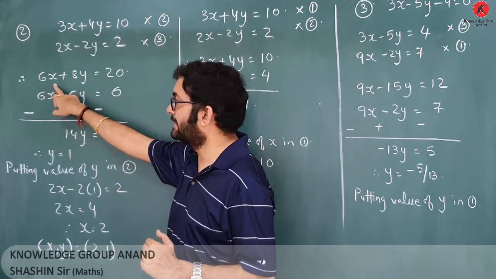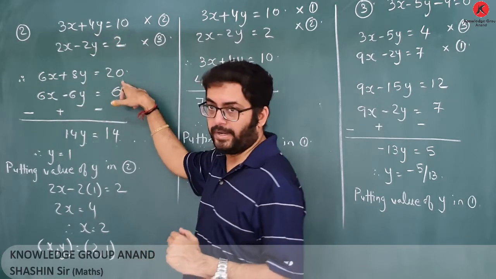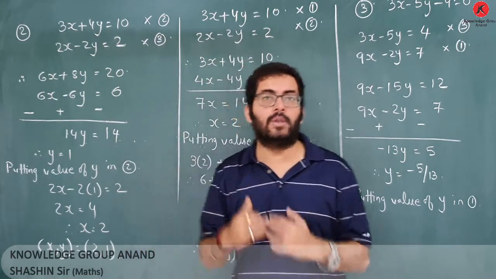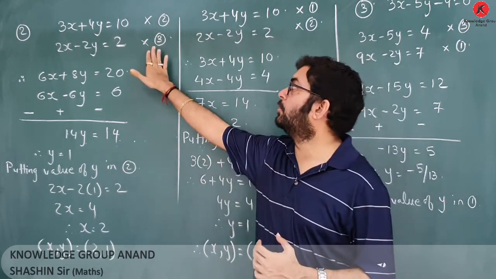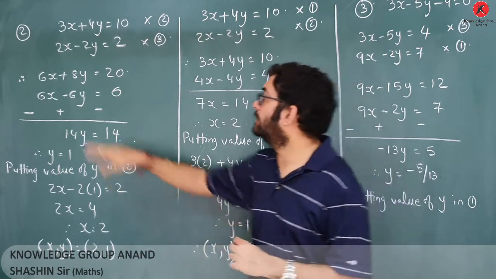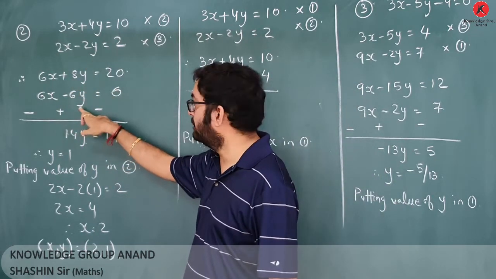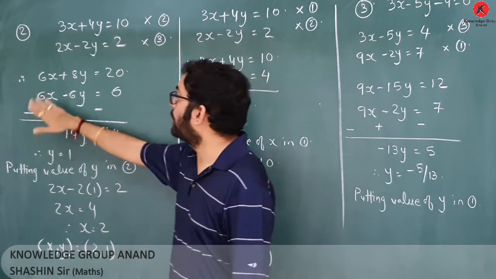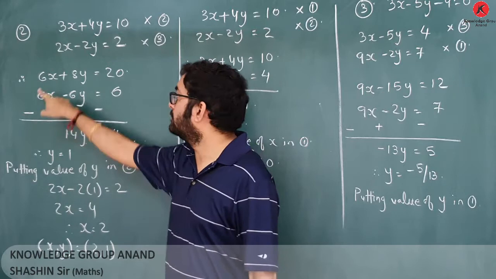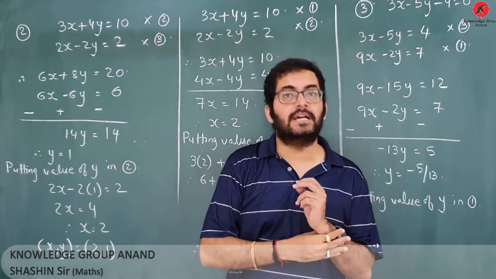So now our equations become like this. 3x became 6x, 4y became 8y, and 10 became 20 because I multiplied whole equation 1 with 2. Similarly, I multiplied the whole equation 2 with 3. So now 2x became 6x, minus 2y became minus 6y, and 2 became 6. Now I want to eliminate the value of x, but in both the case I am having 6x. So here I have to change the sign.